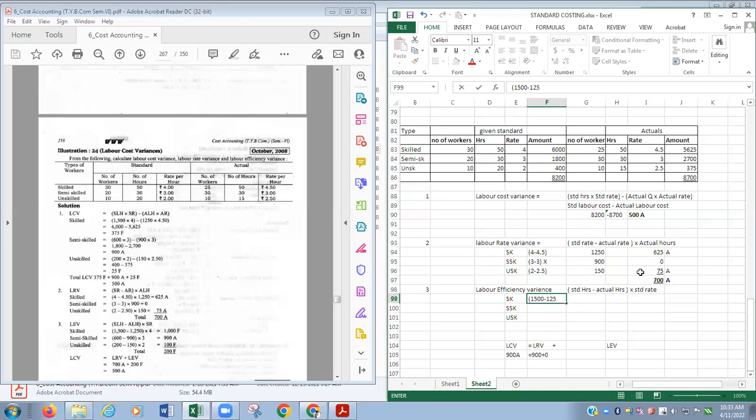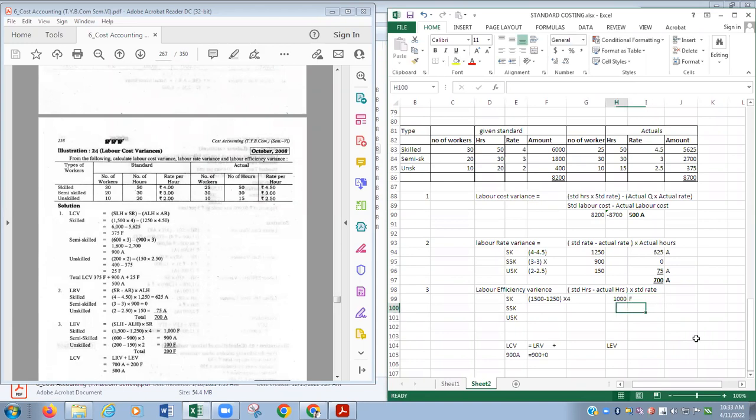We just calculated above, into standard rate. Clear? Standard rate is 4. Please solve this and give me the value. I think it will be 250 into 4, 1000, isn't it? And we have saved hours, so it will be favorable. Yes, F, it should be favorable.